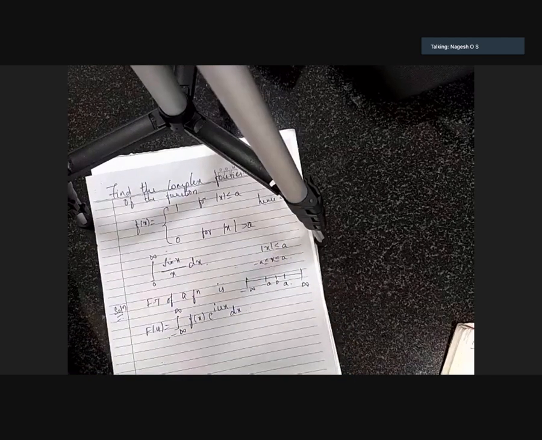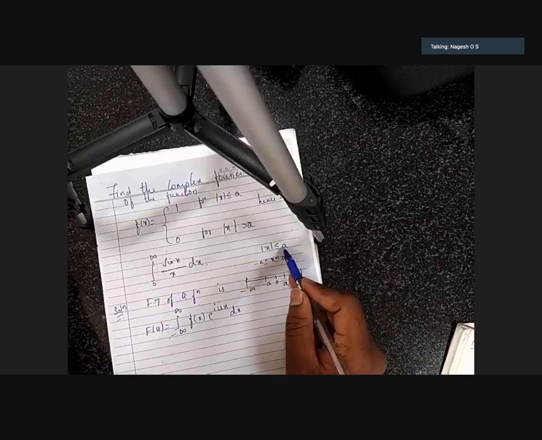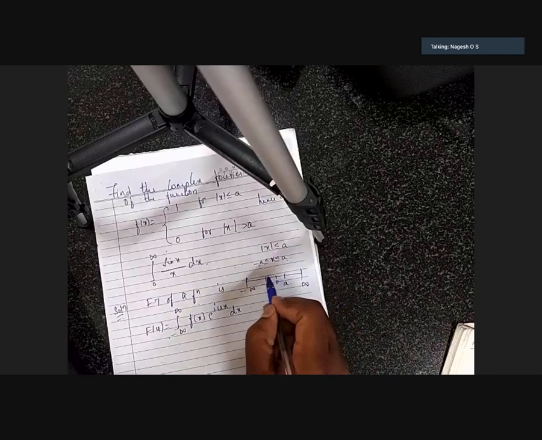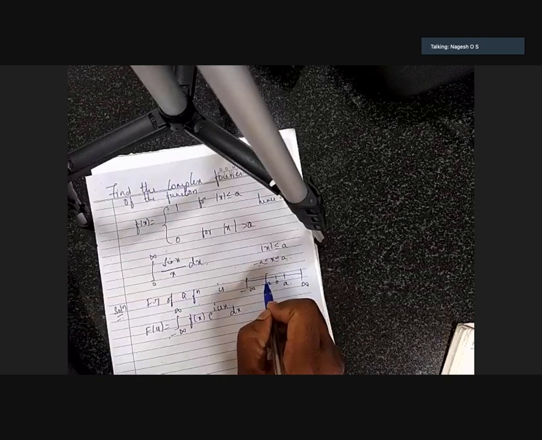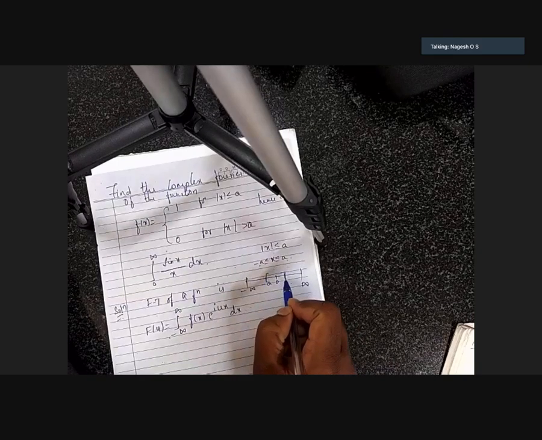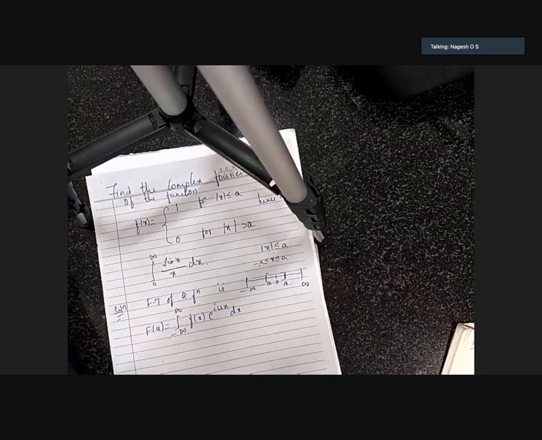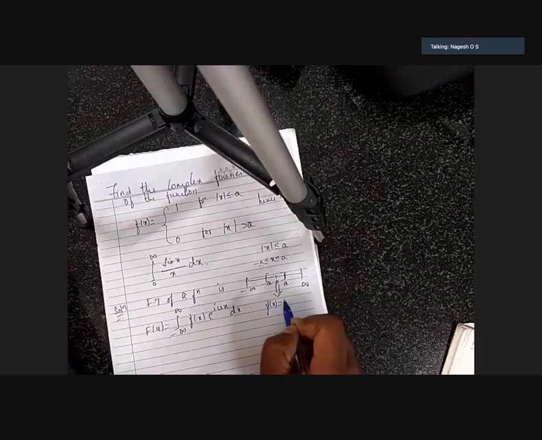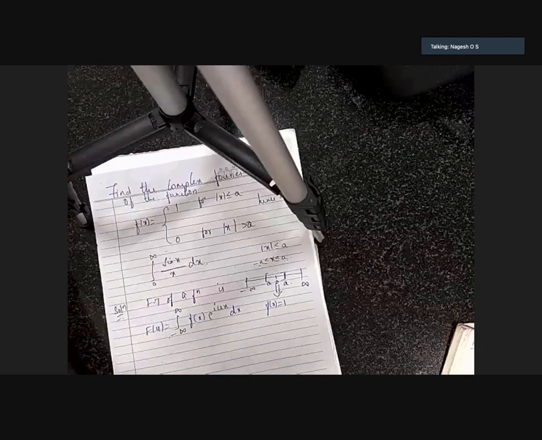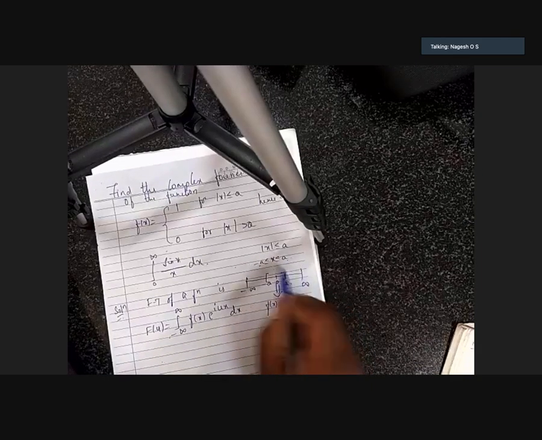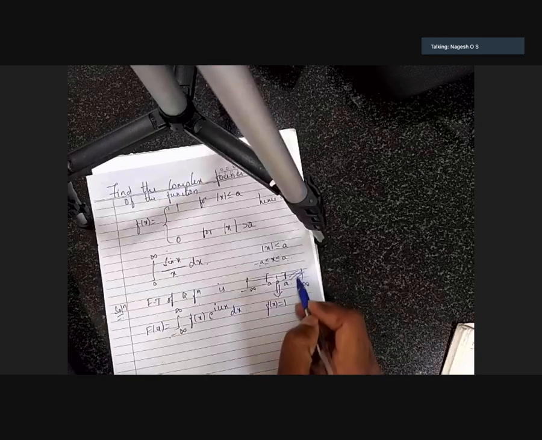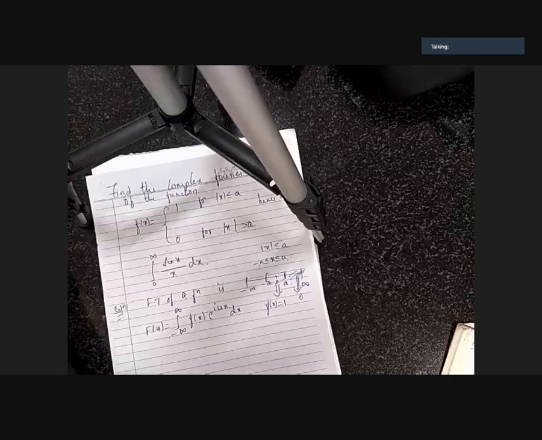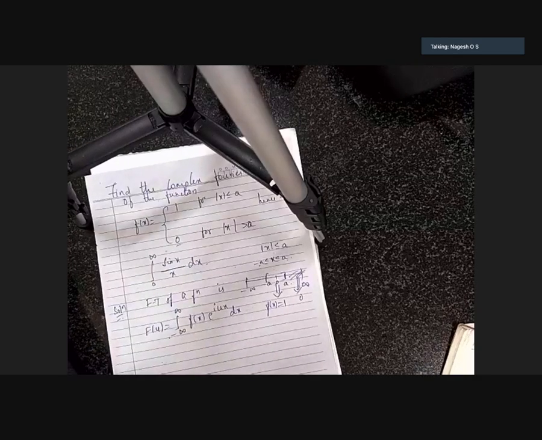According to this, mod x less than or equal to a means x lies between minus a and plus a. If the value of x lies between these 2 points, then what is the value of f of x? f of x equal to 1. Then mod x greater than a means this region. In this region it is 0, since it is given in the problem.